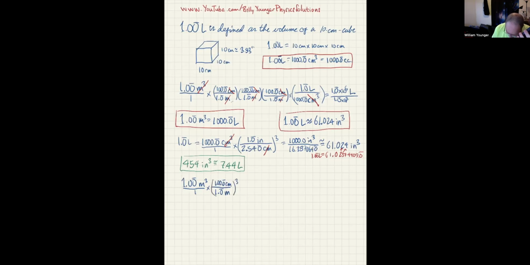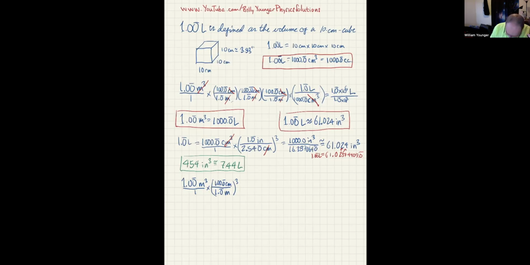I can cube that. That'll give me exactly the correct conversion to any number of decimal places. So I've now gotten 1 cubic meter down to cubic centimeters. But then I want to work it ultimately to yards.